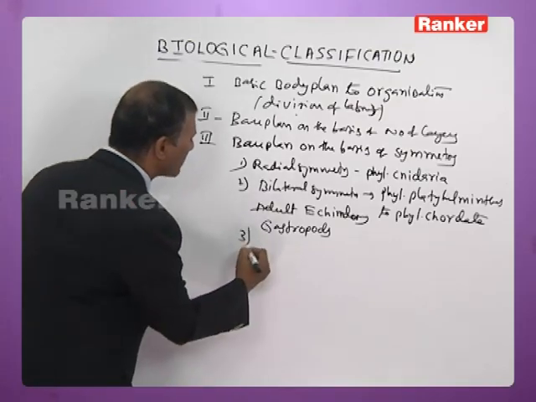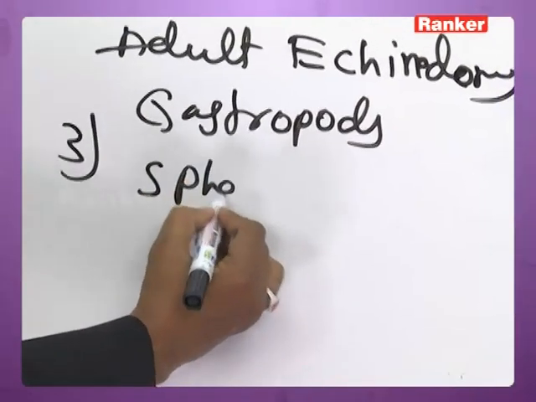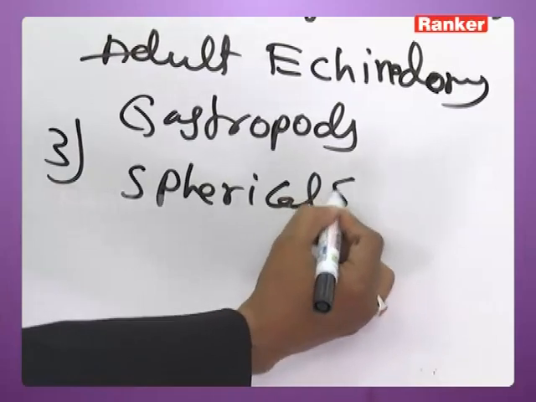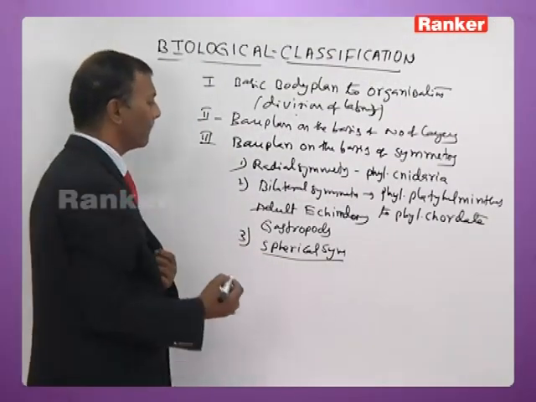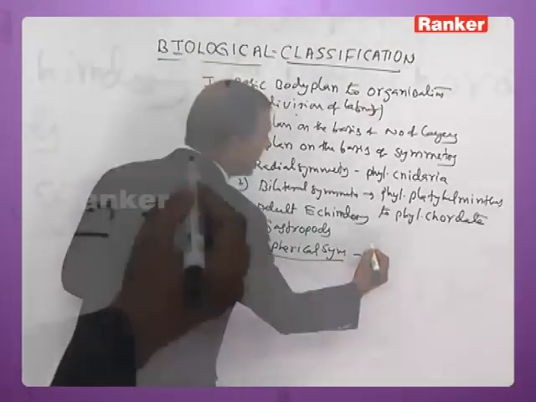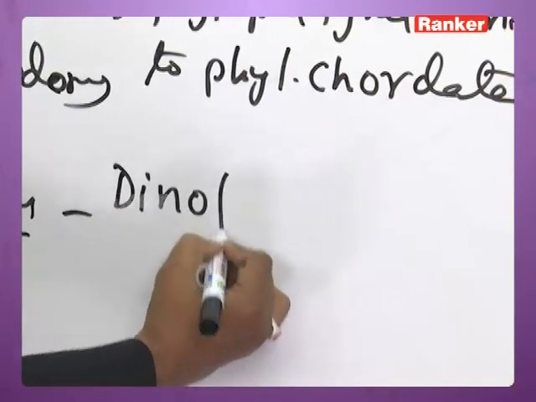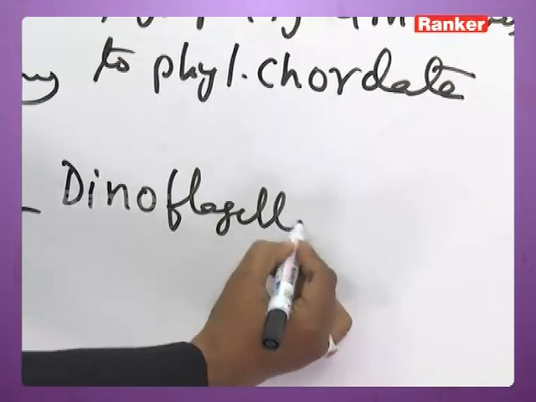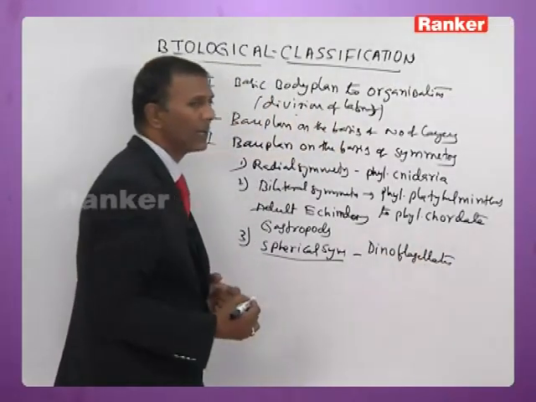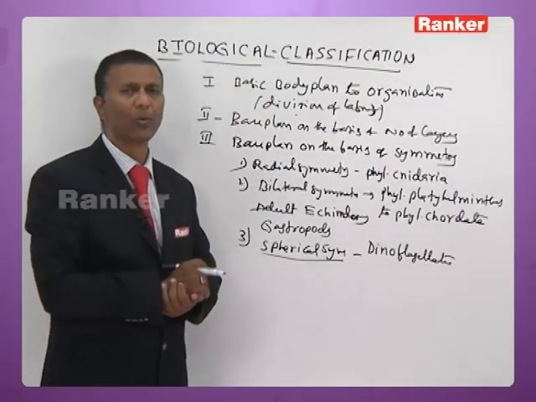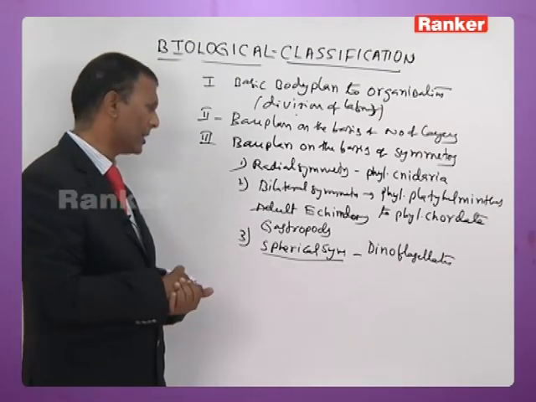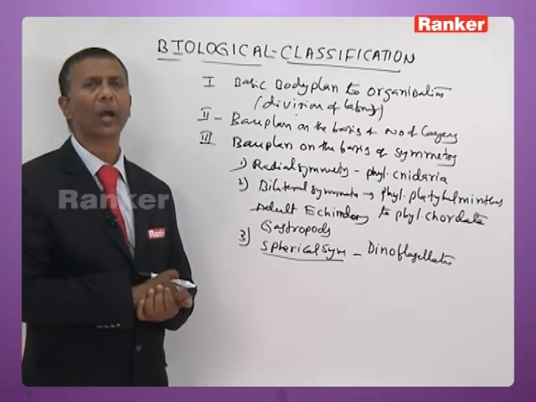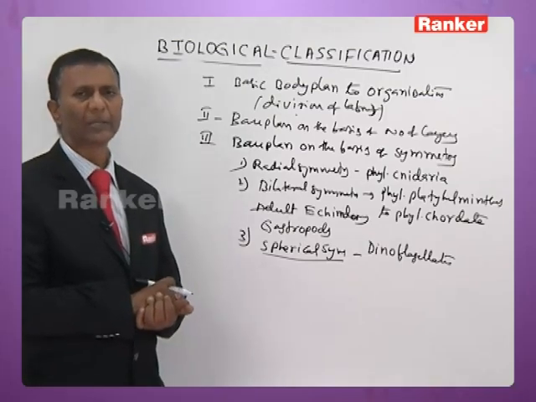Then the rare type of symmetry is spherical symmetry. This spherical symmetry is noticed in certain dinoflagellates like Volvox, Chlamydomonas, Eudorina, all of them exhibit spherical symmetry. Most of the planktonic organisms exhibit spherical symmetry.